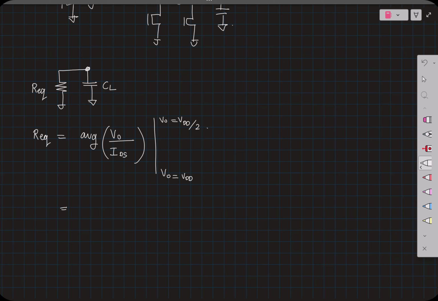Now, can you tell me the expression for IDS? For that, we need to know the region of operation of this transistor.